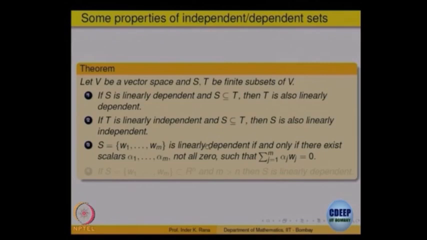Another way of saying linear dependence: a set is linearly dependent if and only if, that is the definition actually of linear dependence, or you can also say at least one element of S is a linear combination of elements of the remaining ones.